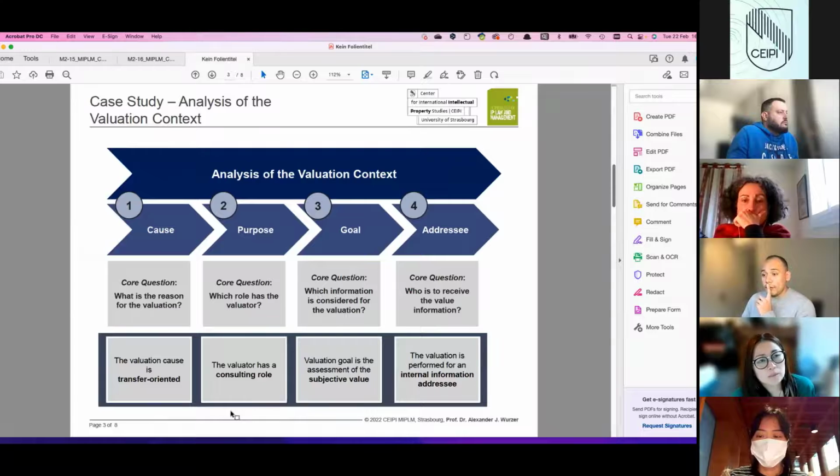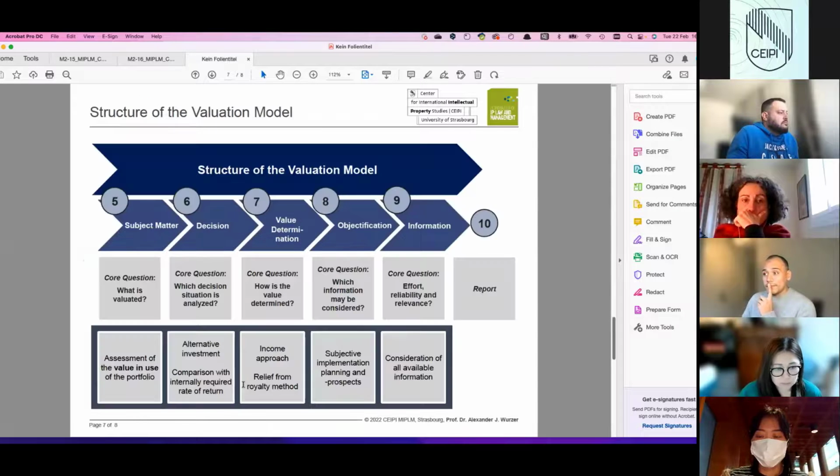And then if we go to slide number 7, we complete the second part of the model. The subject matter that is here in place is value in use. This is also dictated because of the context of the evaluation that we decided. In this case, the IP and technology are going to stay within the same domain, so there's not going to be any change of the external complementary resources. So it stays in value in use. And then the alternative investment.